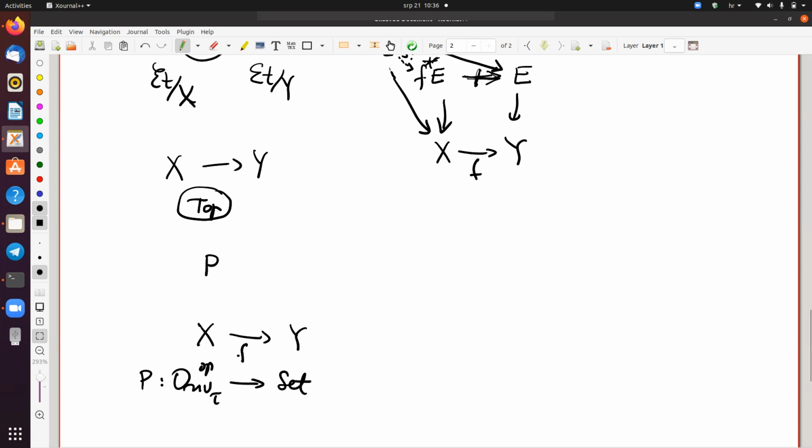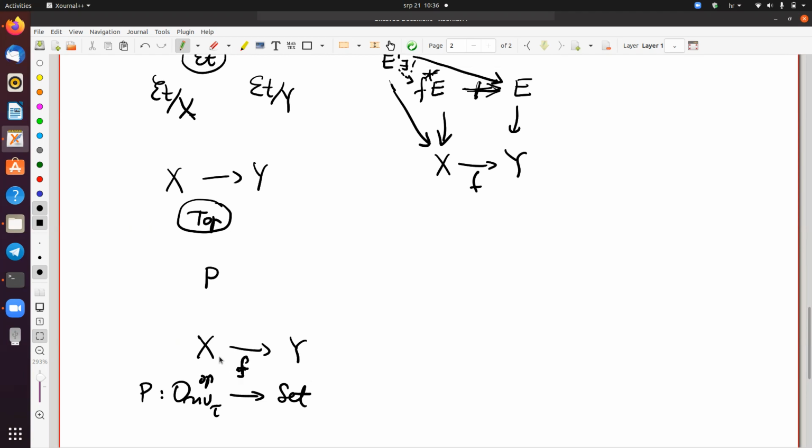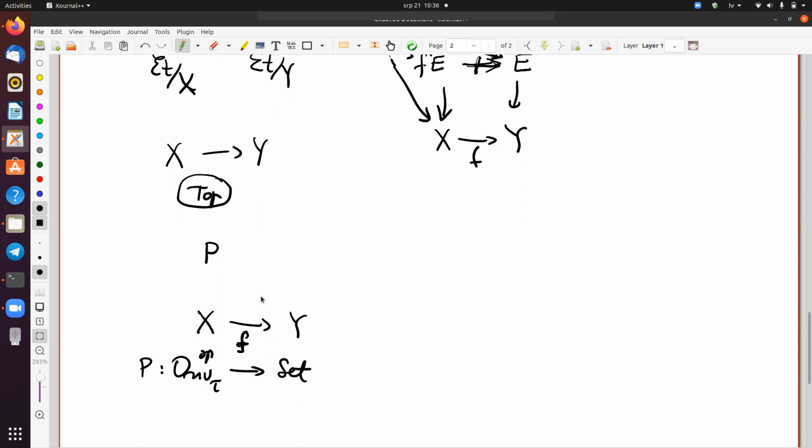And this is F. Then we want to have some F lower star P, which will be on open sets on Y. So you want to define what is F lower star of P of U. And you define that this is P of F minus 1 of U. The pre-image of an open set is open, and you have no problem.